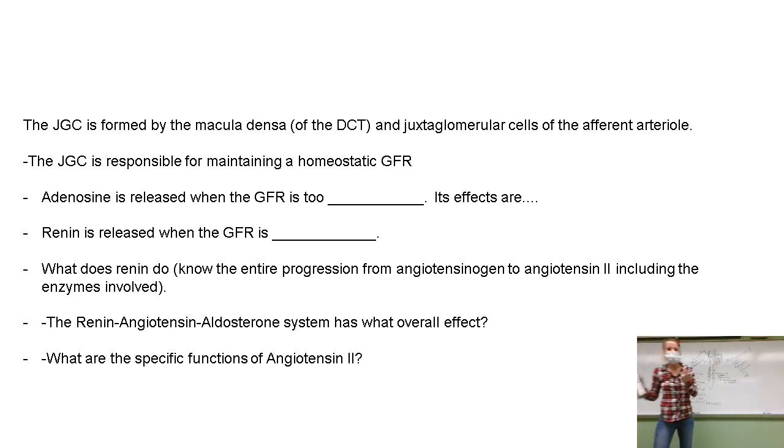Adenosine and renin are two of those. Adenosine is released by the juxtaglomerular complex.